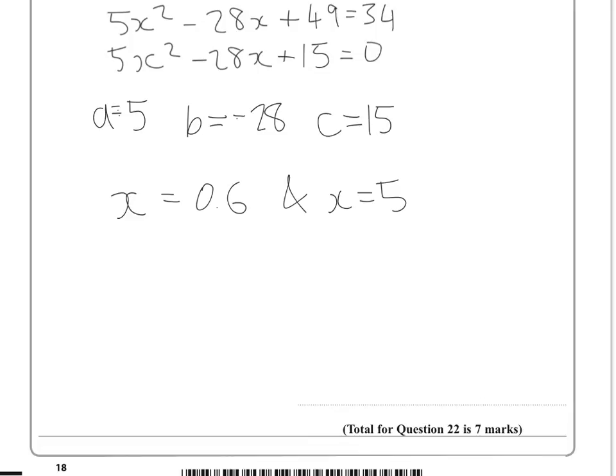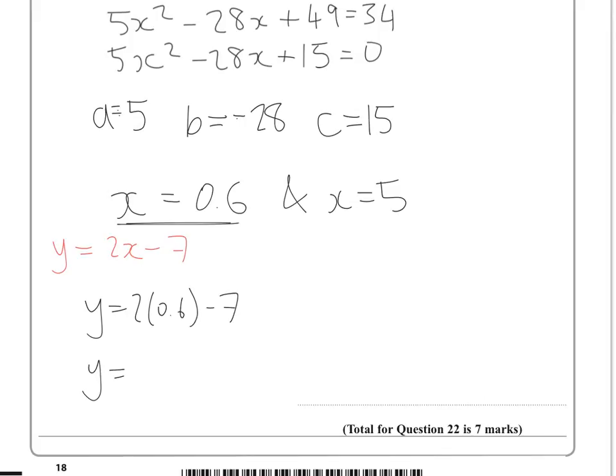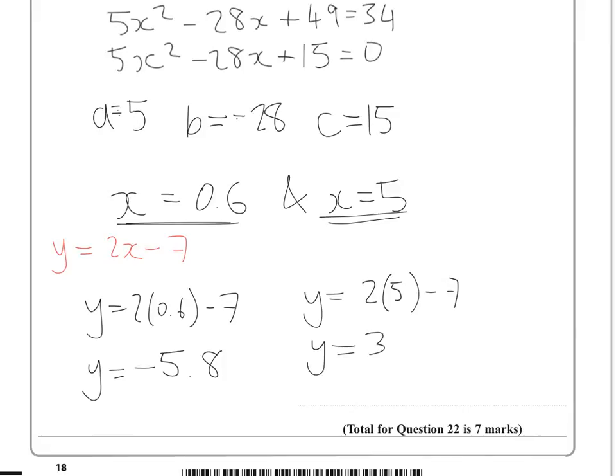I now want to go back to the original equation I set up for y. So I said y equals 2x minus 7. So when x equals 0.6, y equals 2 times 0.6 minus 7, which gives me a y value of minus 5.8. When x equals 5, y equals 2 times 5 minus 7, so y equals 3.